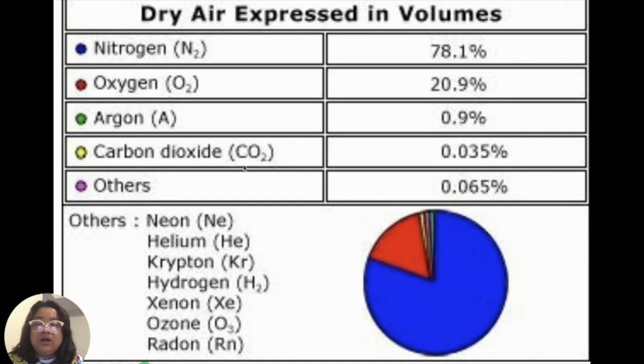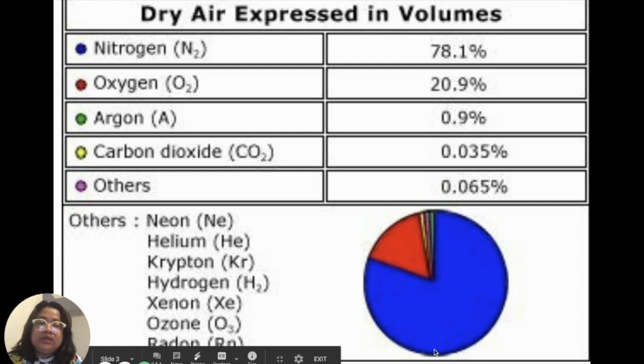And then we have carbon dioxide, which is 0.035%, and the other gases, which is 0.065%. What are those other gases? We have neon, helium, krypton, hydrogen, xenon, ozone, and radon.